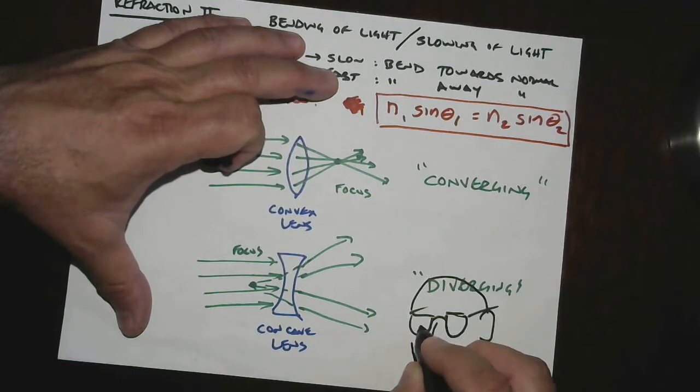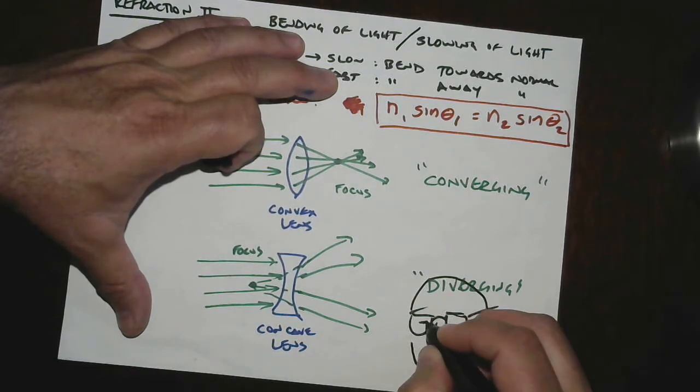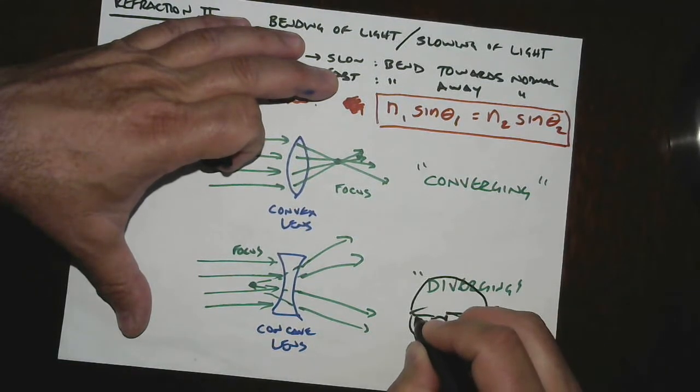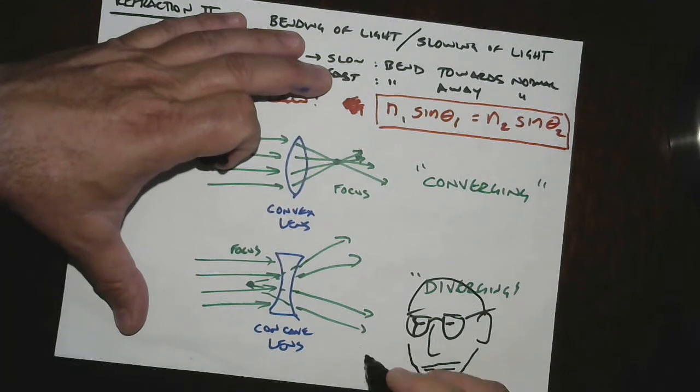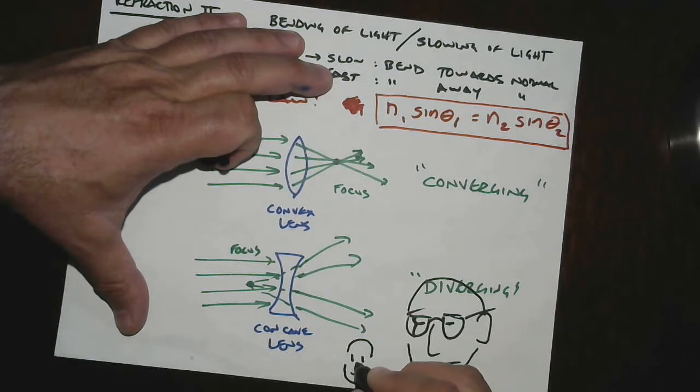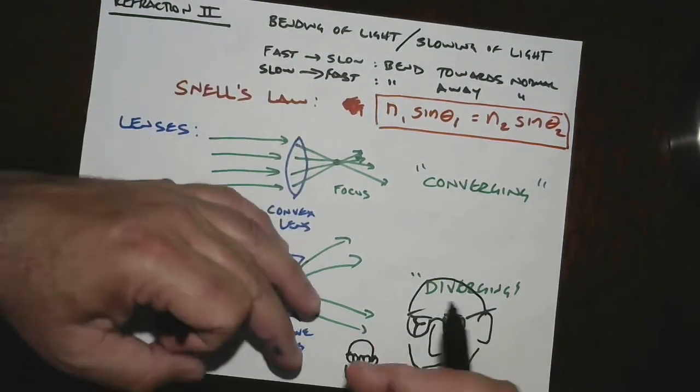When you look through their glasses, their eyes will appear to be very small, and in fact, you will see the side of their head coming by over here. It's moved in from where it would have been. So someone who is nearsighted, if you look at their head through their glasses, it looks like their head does this. I'll find you some pictures. It looks like it's squished in.